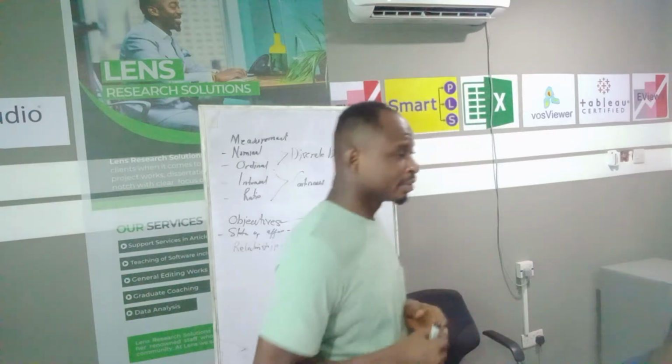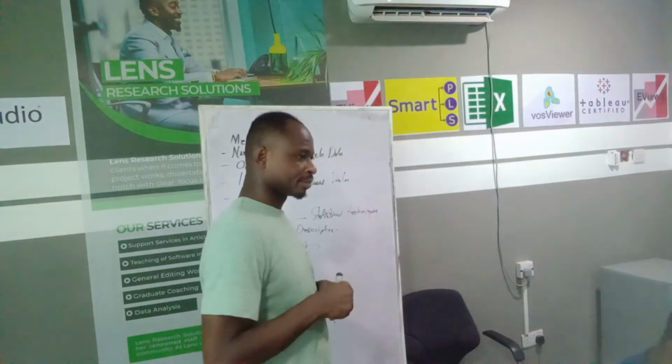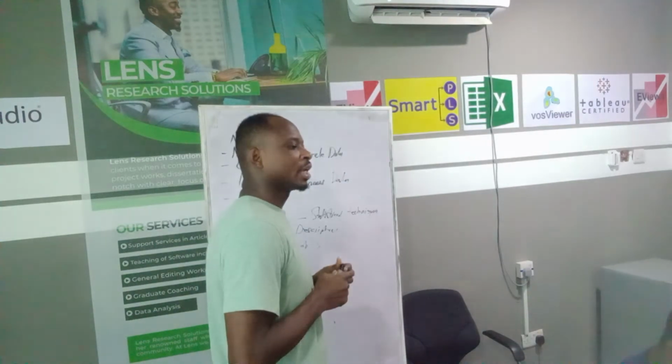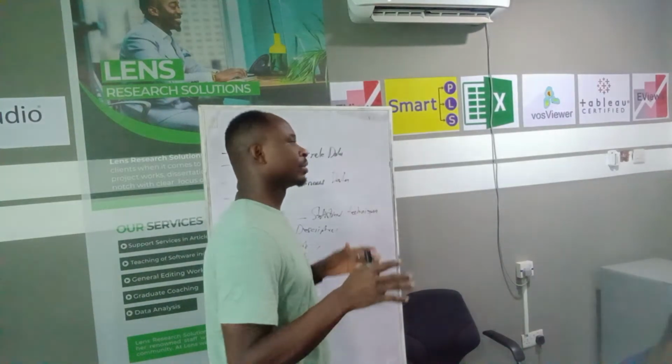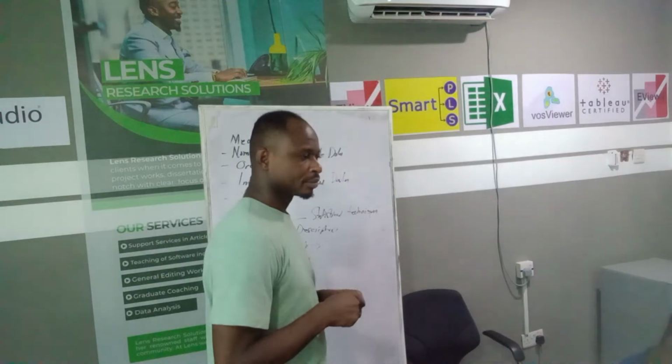So you want to assess the relationship. And when we talk about relationship, your mind should go to correlation, either parametric or non-parametric. It doesn't matter, okay? As soon as you're talking about relationship, then you're talking about correlation.